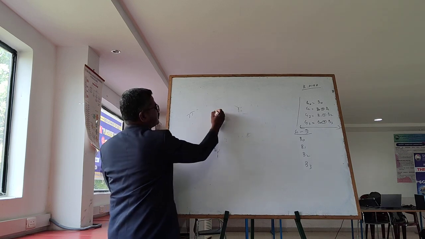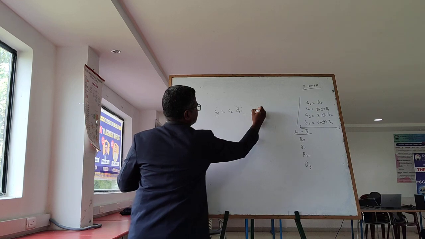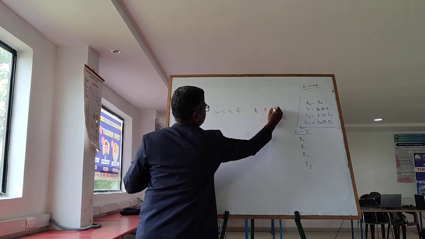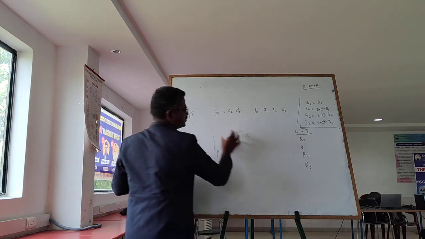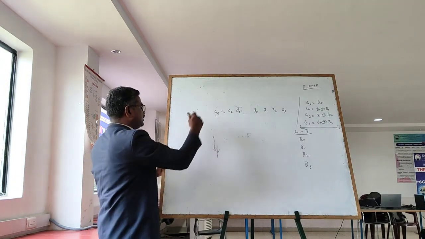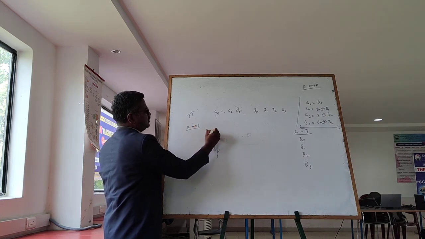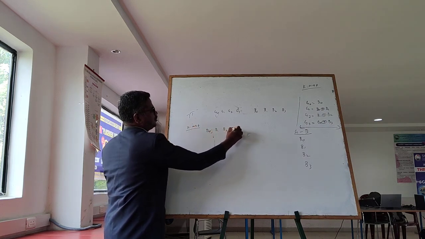The input is supposed to be gray, G0, G1, G2, G3, and the output is supposed to be B0, B1, B2, B3. So you have to write the values with the help of 8421 code, and then use the K-map to find B0, B1, B2, B3.